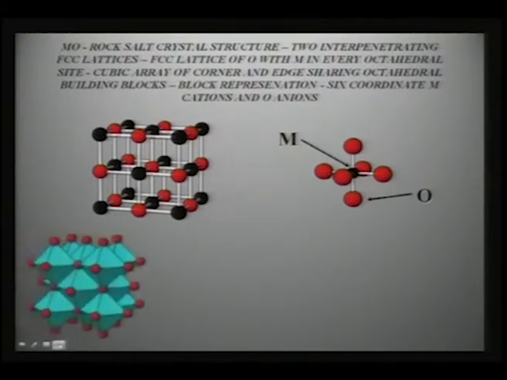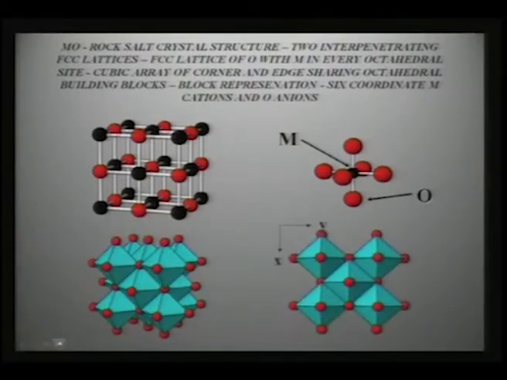And if you look at this structure, it is very important to understand how these reactions proceed, because within this FCC lattice you will see two rock salt lattices mixed together.